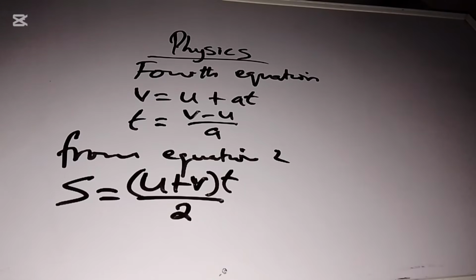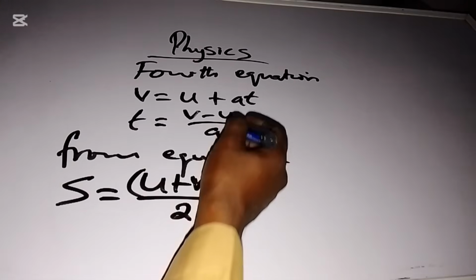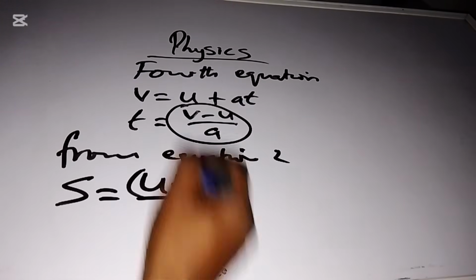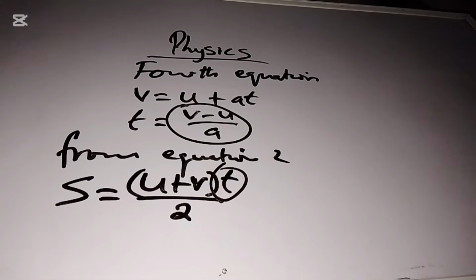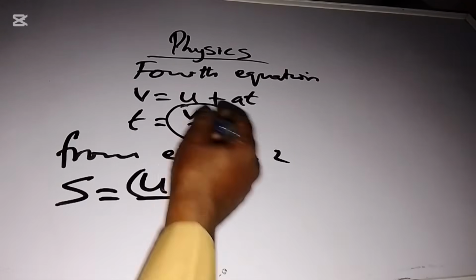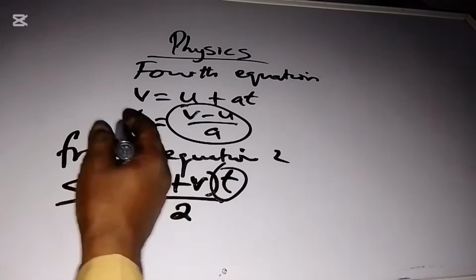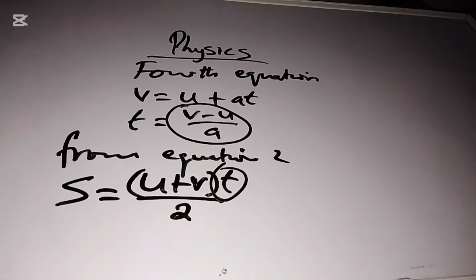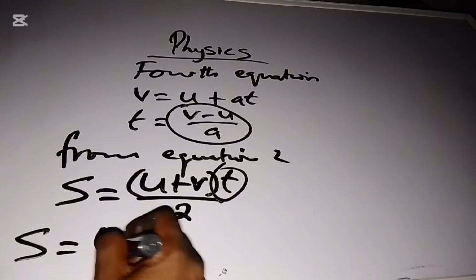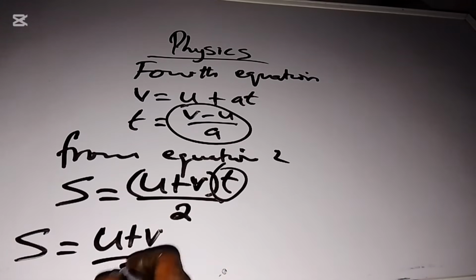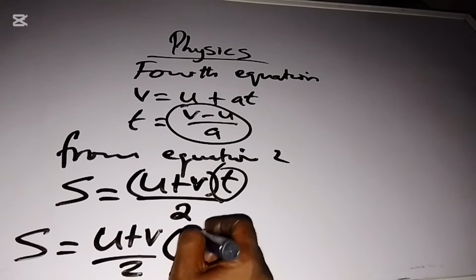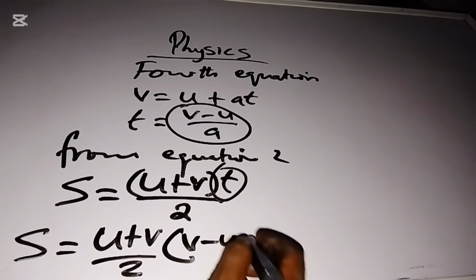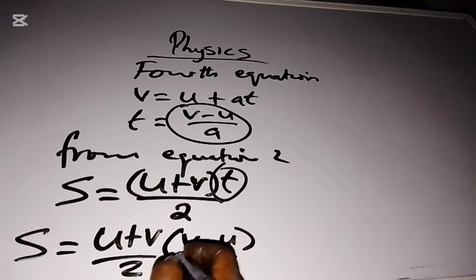So now you're going to substitute t, which is v minus u over a, into this place. Instead of writing t here, you put v minus u over a. So that will give us s is equal to u plus v, over 2, in brackets, v minus u over a, in brackets.